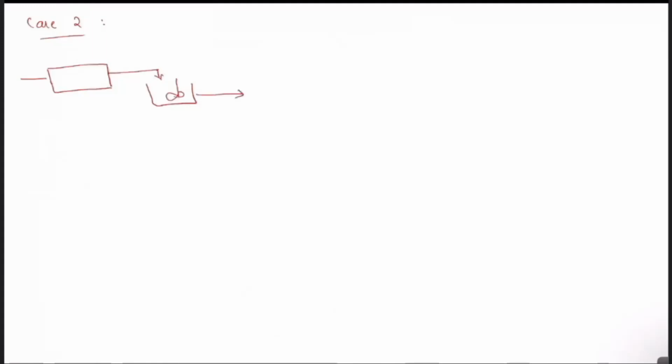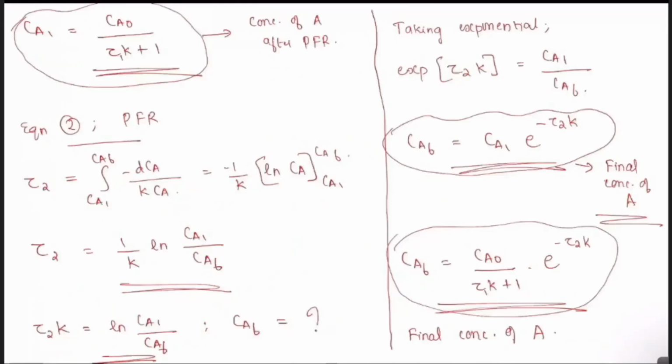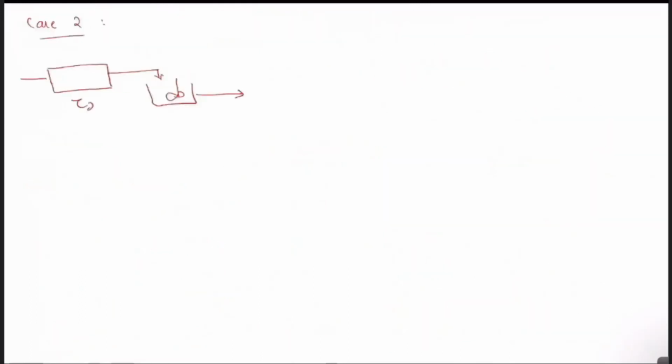Previously we took tau 1 for CSTR and tau 2 for PFR. So we will follow the same nomenclature here to avoid confusion. So tau 2 will be the spacetime of PFR and tau 1 will be the spacetime of CSTR, and consequently V2 and V1 will be the volumes of PFR and CSTR respectively.